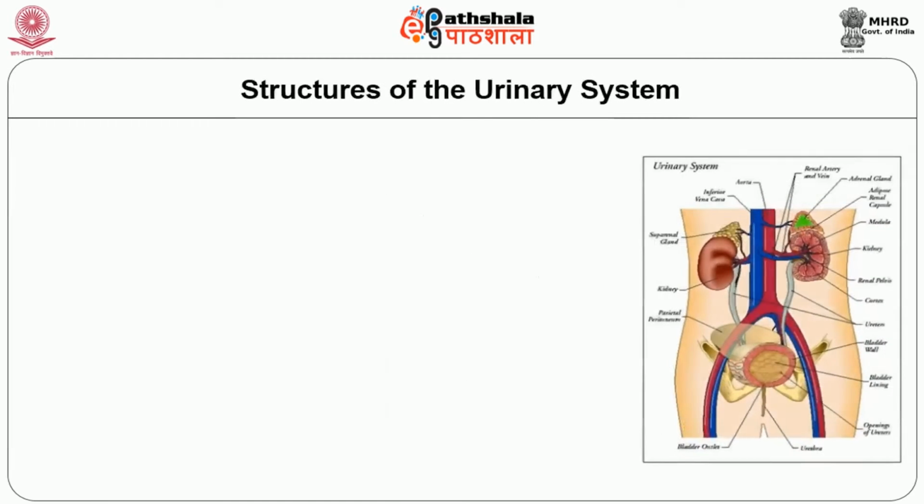In the next diagram, you can see the different structures that form the urinary system and how they are located in the abdomen. The urinary system consists of the renal arteries, the kidney, the renal tubule, the urinary bladder, the ureters and finally the urethra.